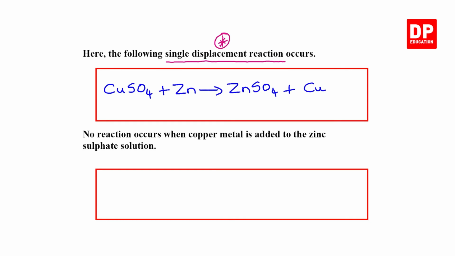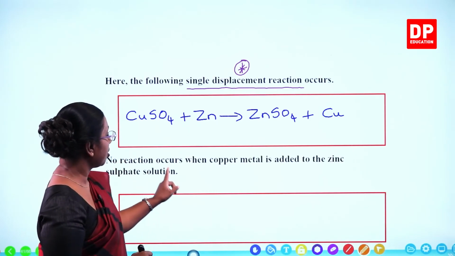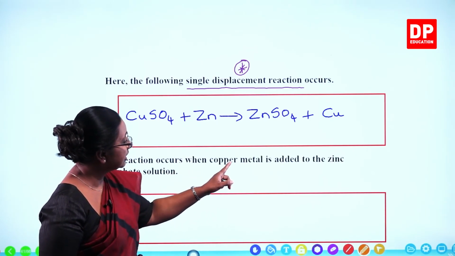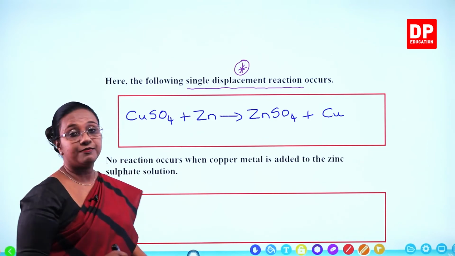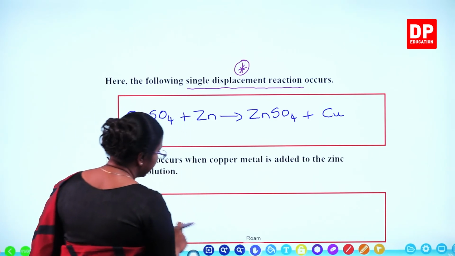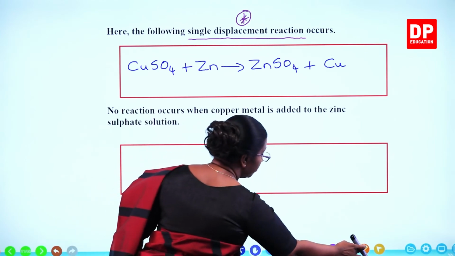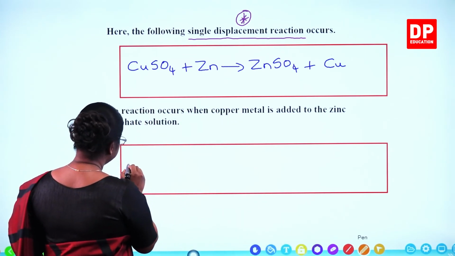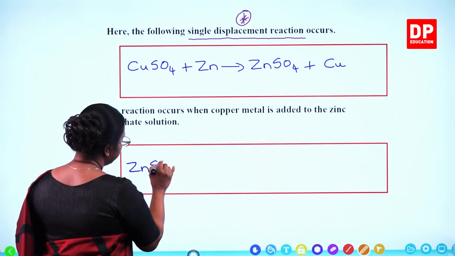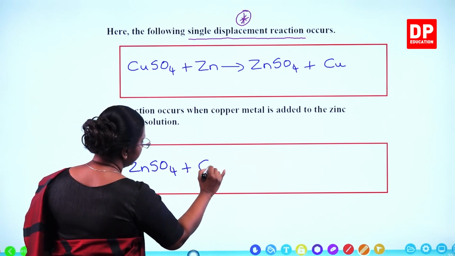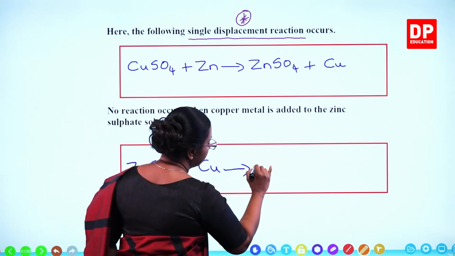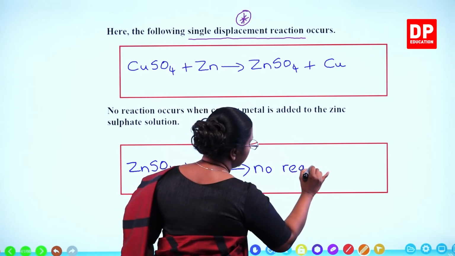So, that is a single displacement reaction. But no reaction occurs when copper metal is added to the zinc sulfate solution. The second reaction, there is no change. So, for zinc sulfate, if you put copper metal, there is no reaction.